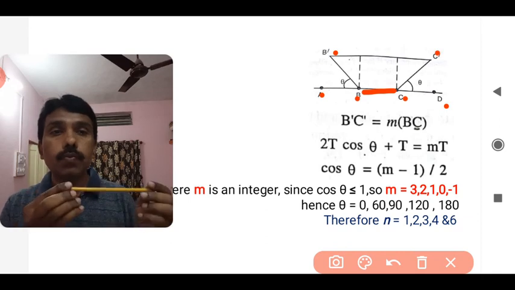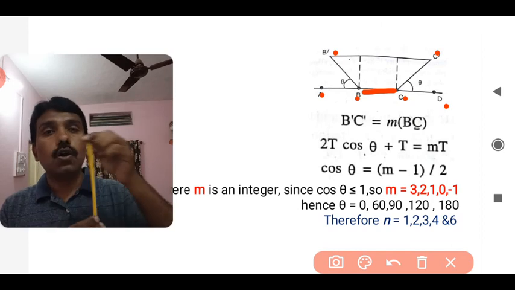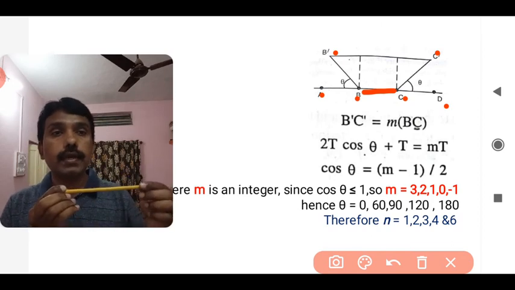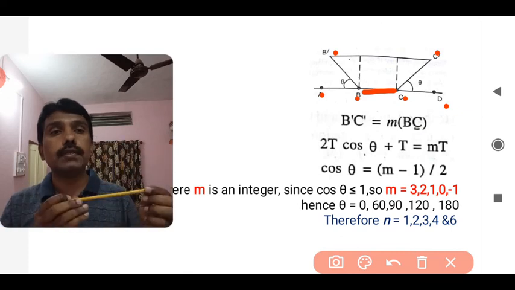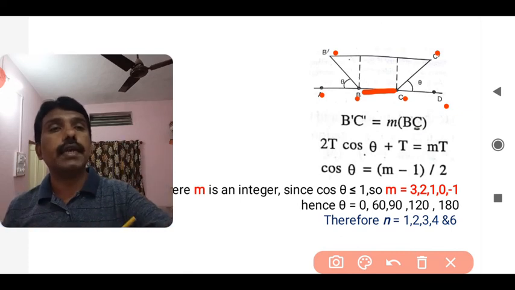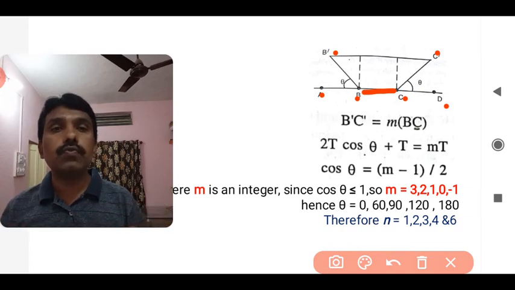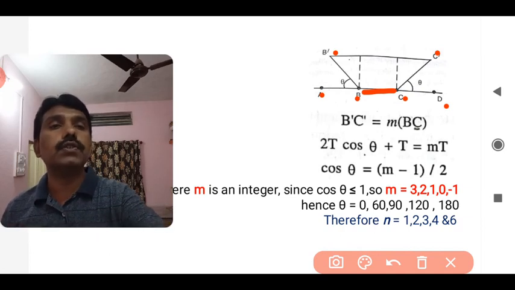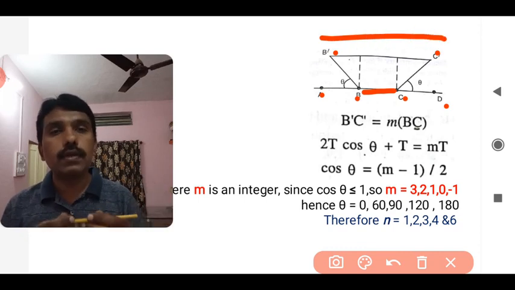So at the B point I am doing the anti-clockwise rotation, and at the C point I am doing the clockwise rotation, and I am getting two new points, B dash and C dash. No doubt the translation that we found, B dash C dash, is part of your regular translation, that is BC.